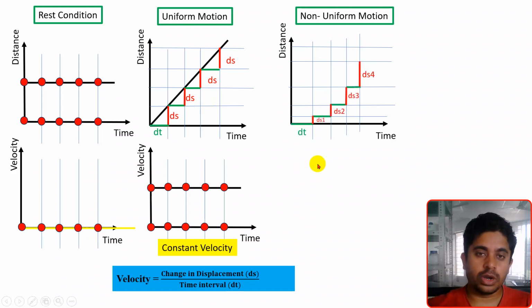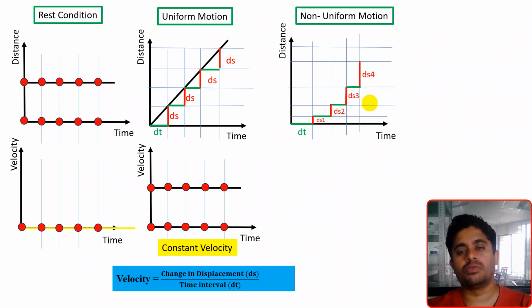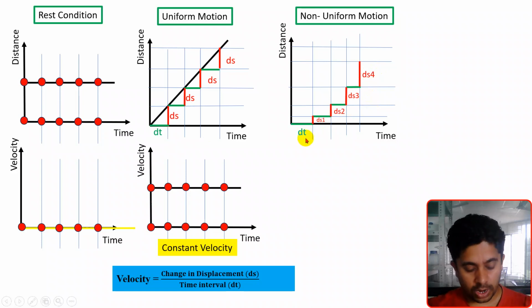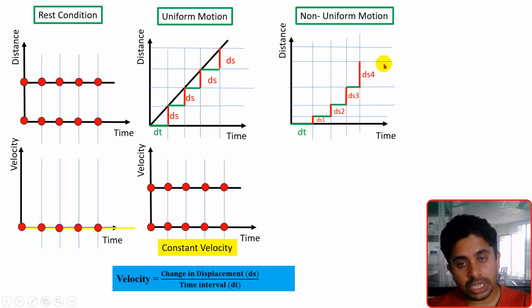But in non-uniform motion, see the distances ds1, ds2, ds3, ds4. What do 1, 2, 3, 4 indicate? They are the time intervals: first time interval, second time interval, third time interval, fourth time interval. For each particular time interval, the distance traveled by the car, ds1, ds2, ds3 and ds4, is changing.